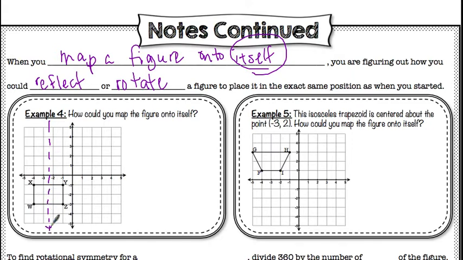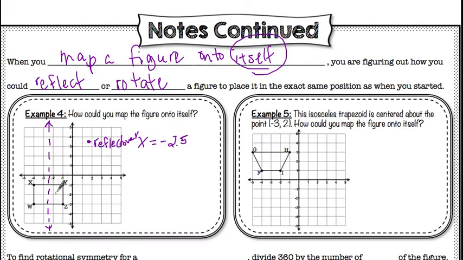Here is a line of symmetry, and that is x equals negative 2.5. So I have one answer already. I could reflect the figure over x equals negative 2.5.